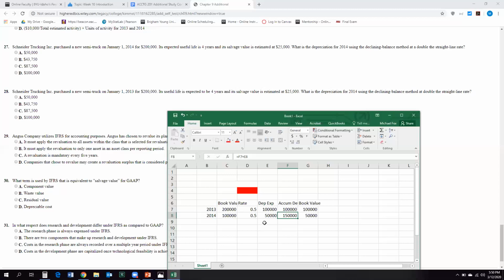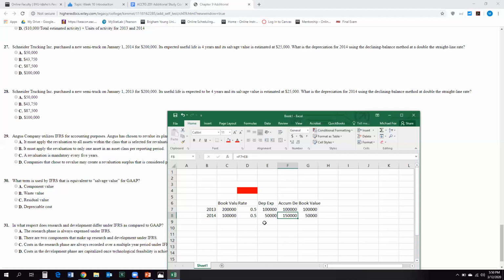The straight line rate just means 200,000 times 1/4. Why am I getting the answer? That's the question that I have. Why am I getting the right answer just doing the full cost, not accounting for the salvage value, times 1/4? Why am I getting 50,000?